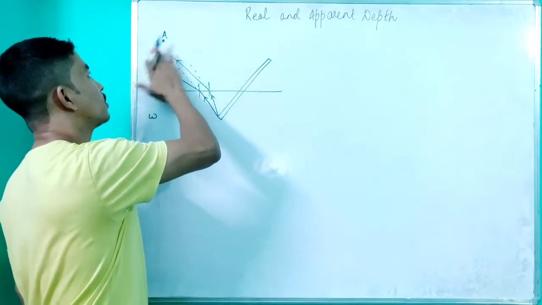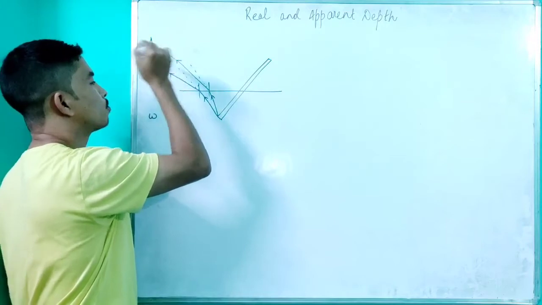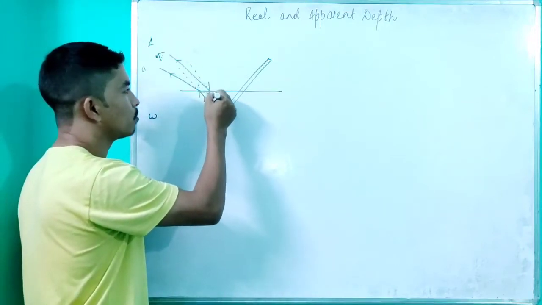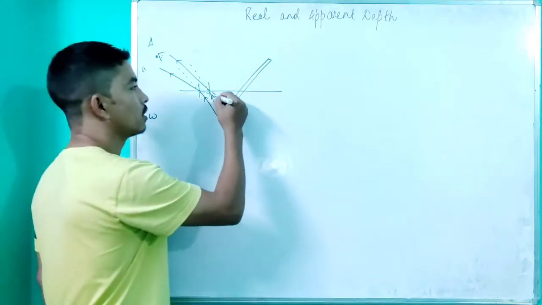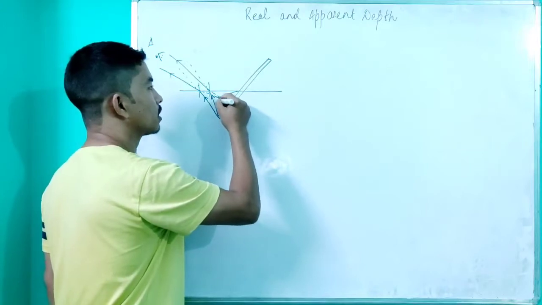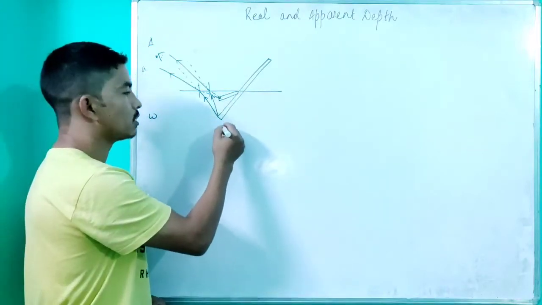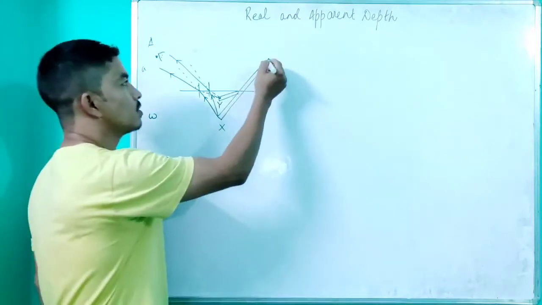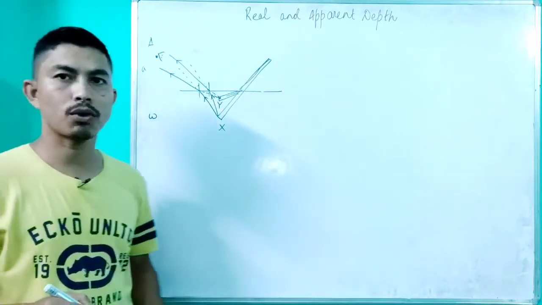When the observer is at point A and viewing from this point, he will see that these two rays of light are coming from some other point inside the water. Here we make the stick. He sees that the base of the stick, which was actually at the depth x, is now at a depth y.